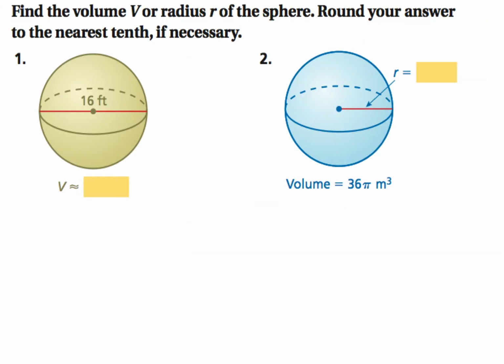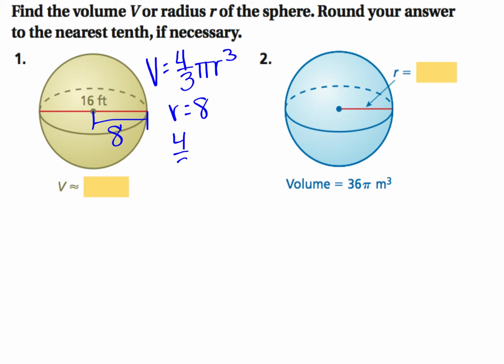Okay, next examples. Find the volume or radius of the sphere, round to the nearest tenth if necessary. Okay, on this number 1, first thing I do is I notice it's a sphere, so I write down V equals 4/3 pi r cubed. I recognize that the radius is, well, the number is not given here, but since radius is halfway across and it's 16 all the way across, this would have to be 8.